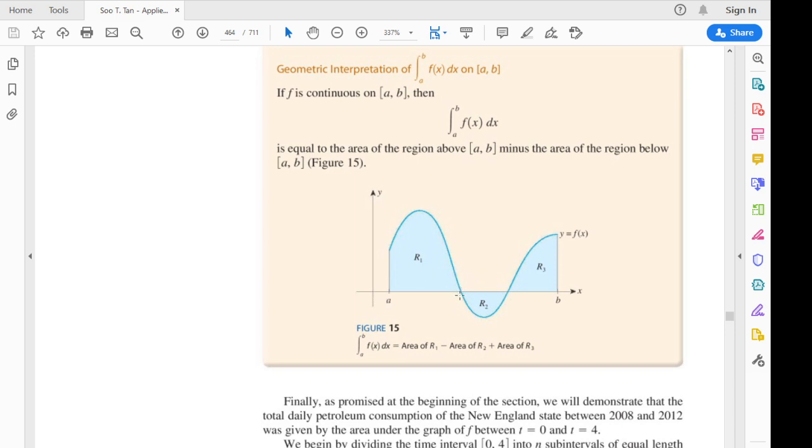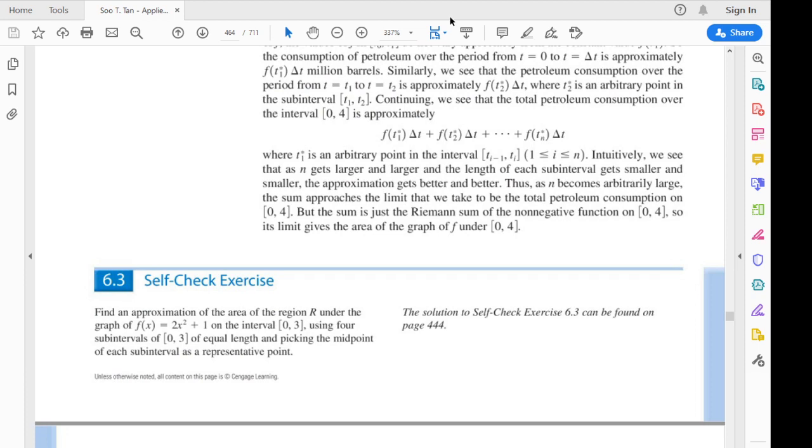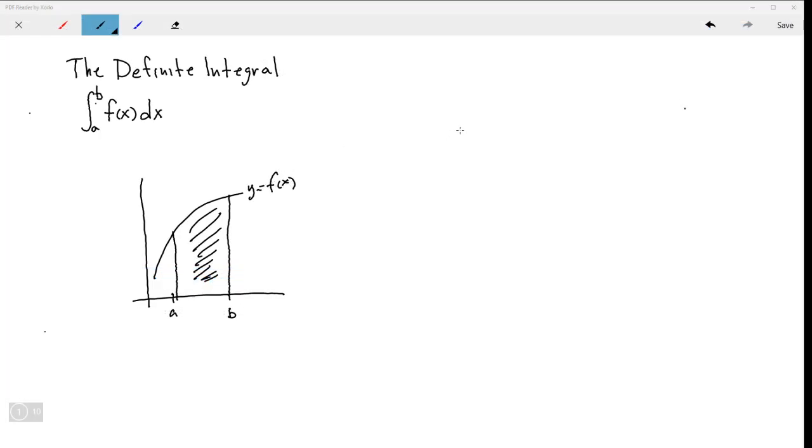So you would split here and you would split here, and you would do one integral from A to this point here, one integral from this point to this point, and one integral from this point to B. And you would add R1 and R3, and then R2 would be negative, so you would take the absolute value of that and then add it in. Okay, so let's go back to the whiteboard here, and let's look at the process.